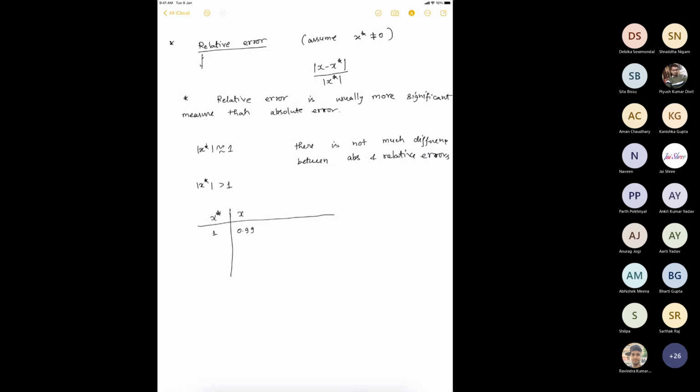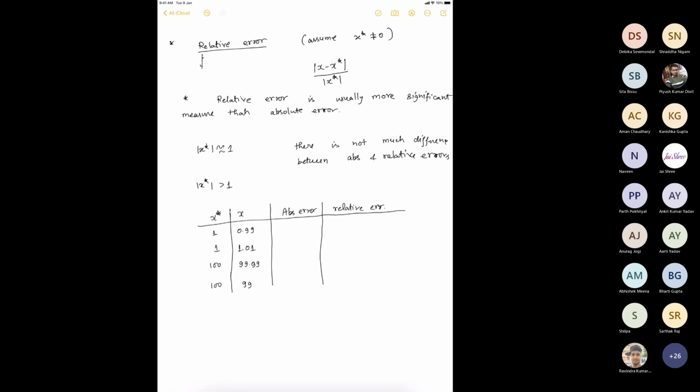Okay, so let's take a few values here, 1, and then say 1.01, and let's take 100, and then say I get 99.99, and as an approximation, let's say I get 99. So you can try to compute the absolute error in x and also the relative error.